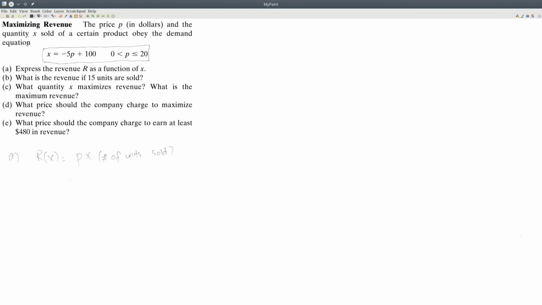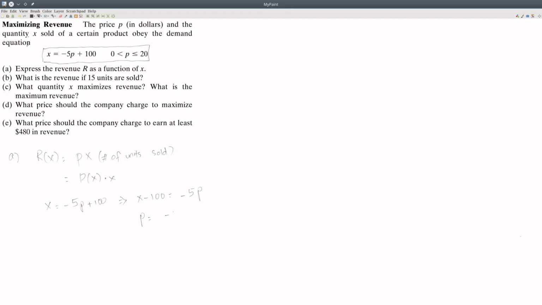So in our case, the price function is given, and we just have to multiply it by x. So x is minus 5 times price plus 100, which means the price function in terms of x would be x minus 100 equals minus 5p, divided by minus 5.